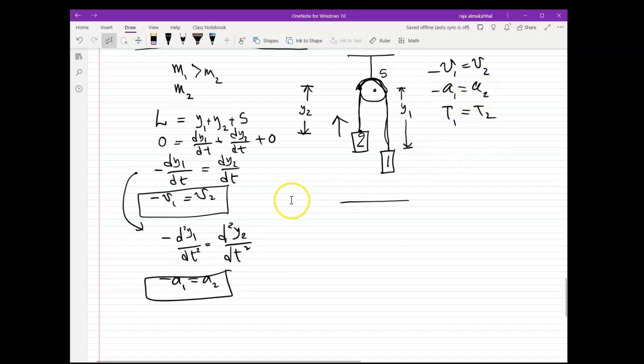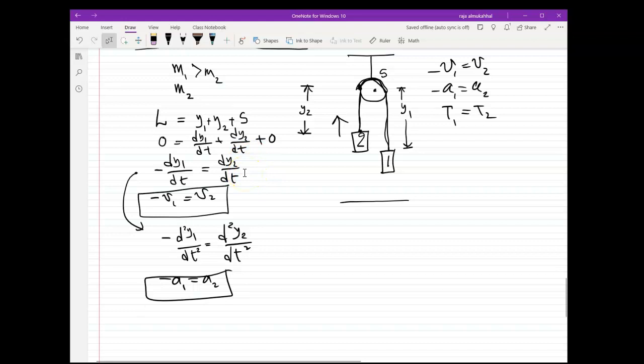I have just proved to you that the velocities of the two blocks in the Atwood machine are equal and opposite in direction, one going up, one going down. And the accelerations are also equal in magnitude, opposite in direction as well. In addition to that, the tensions are equal. I'm not going to prove the tension for you, but the tensions are also equal. I hope you'll keep that in mind.